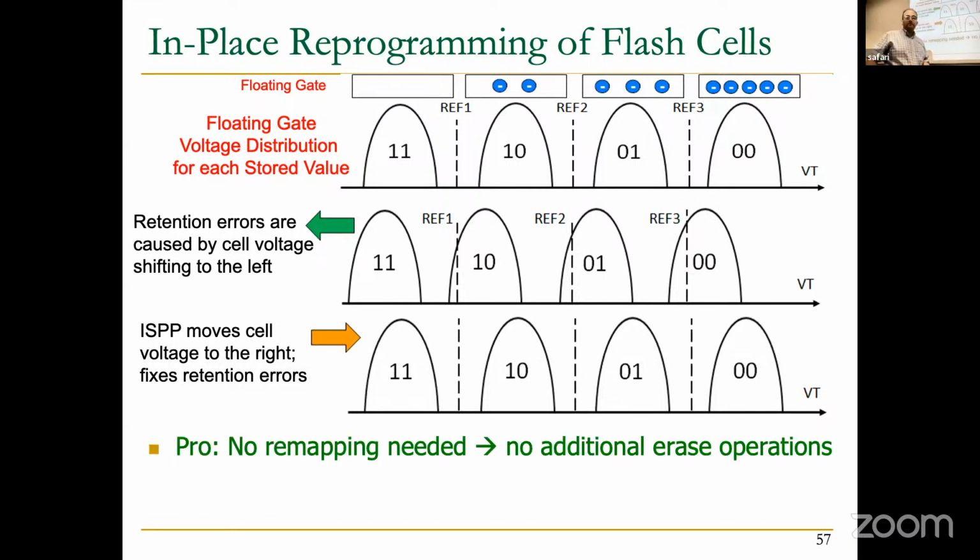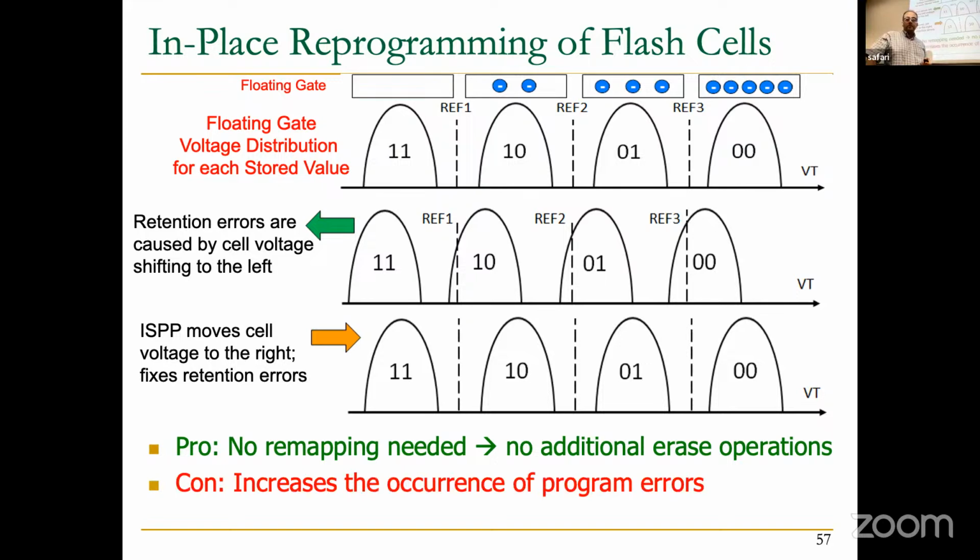The pro of this is that you don't have this remapping overhead. You will see that for remapping, we need erase operations. You also have data movement because you probably need to move your data to the controller and write it somewhere else. So there are some issues with remapping, but there are also issues with in-place programming.